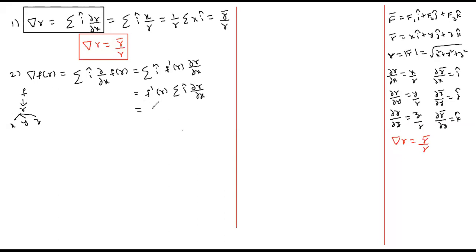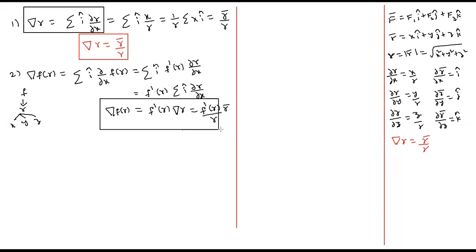So I can simply write it as f dash of r into del r. Now what is del r? I can copy and paste here. Del r is r bar by r. So this is f dash of r into r bar by r. Okay, so that is the second formula.